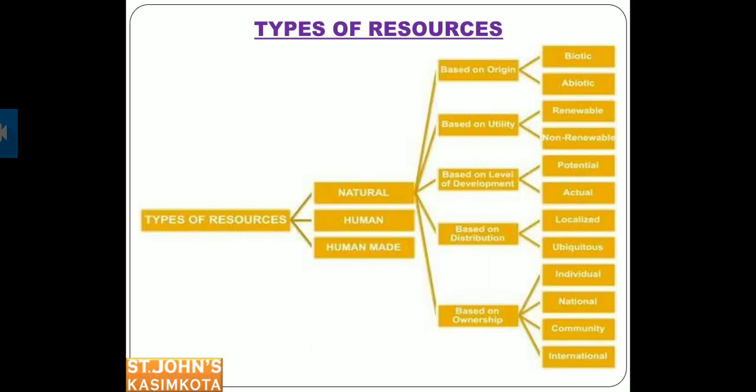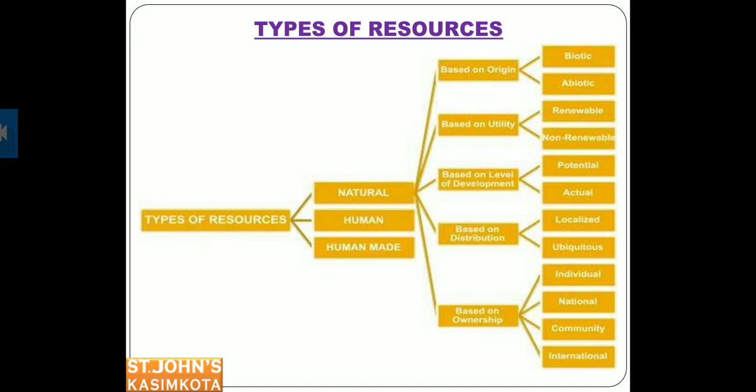Types of resources. There are various types of resources. The same classification you have seen, in a different kind of table which you can easily remember. Based on origin we can categorize as biotic or abiotic. Based on utility, renewable and non-renewable resources.